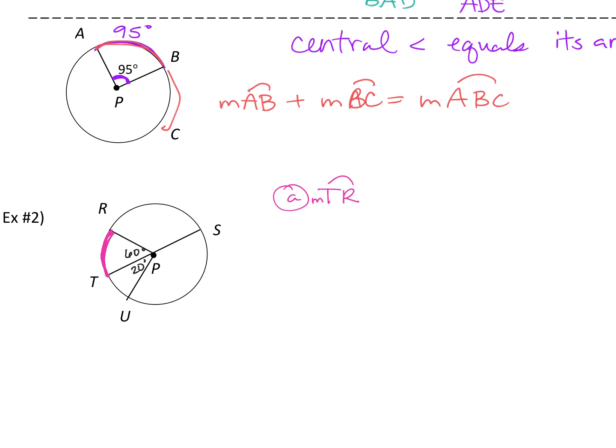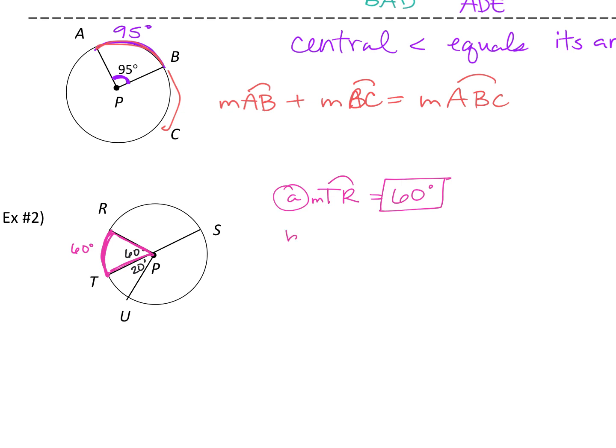A central angle will always equal its arc. On these ones, if I were you, I would copy these in my homework from the book, because it helps if you label things as you go, because you'll usually use parts that you found in other parts of the problem to finish off the problem. So I would label it as you go, okay? Arc TR is 60 degrees.